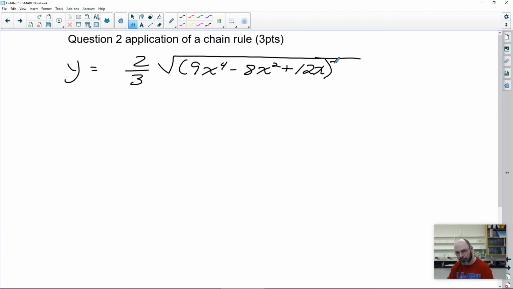Yeah, let's put it to the third so that we can have a reduction to the third.